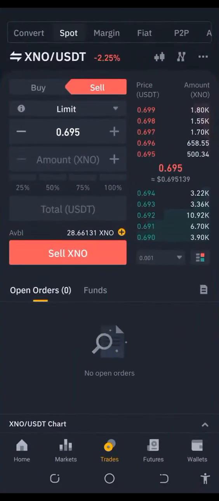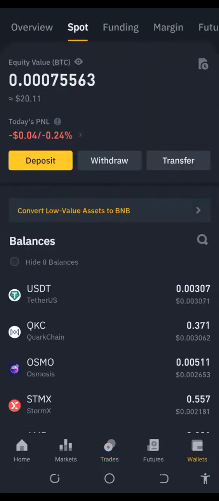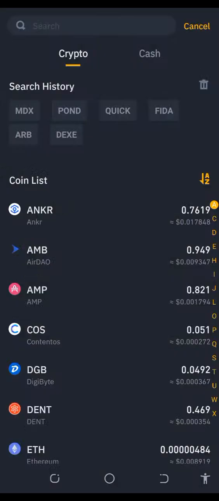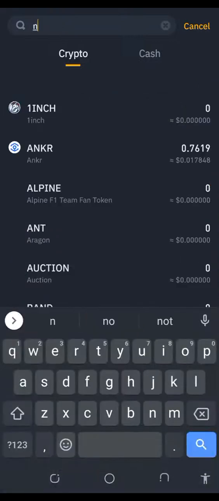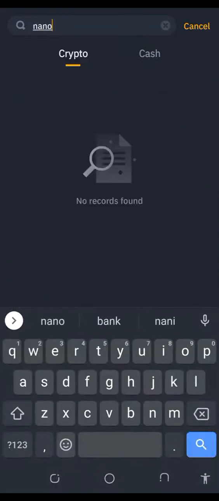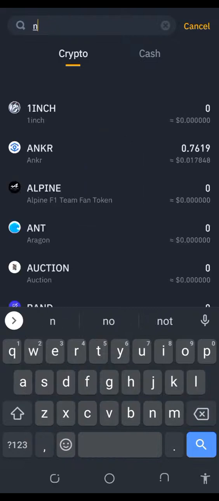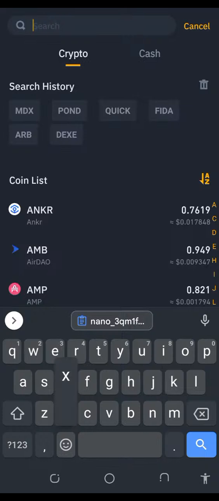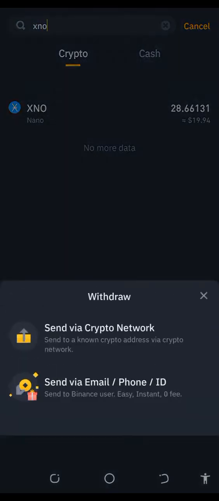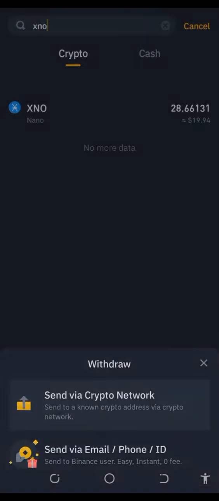Let's not waste time. Okay, so let's quickly withdraw. Yeah, so let's withdraw our Nano. Nano. Oh, sorry. It was supposed to be XNO. You know, all these names. You just have to quickly know them, right? So let's click on this.